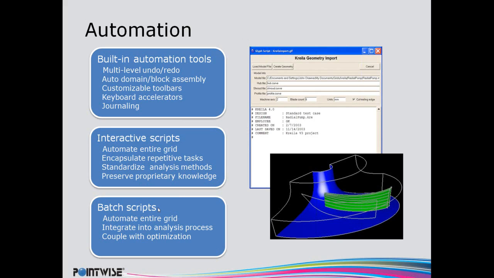When I talk about automation, there are lots of different ways that you can automate things in Pointwise. We're here to talk about scripting today, but there are some built-in automation tools that I'll describe briefly. We have undo and redo in Pointwise.